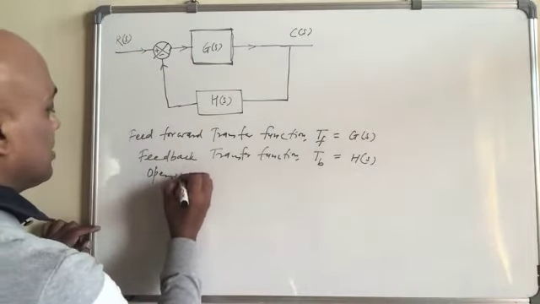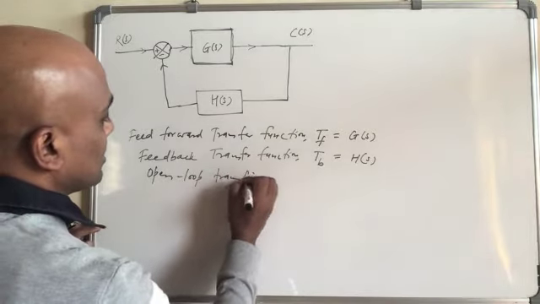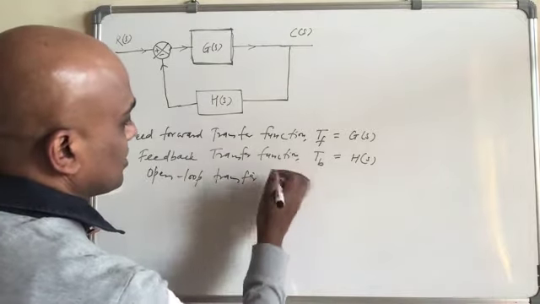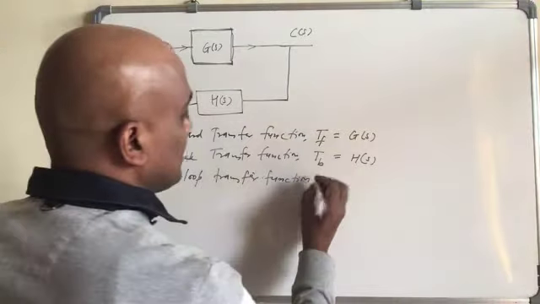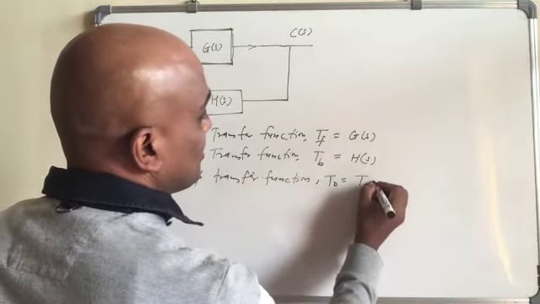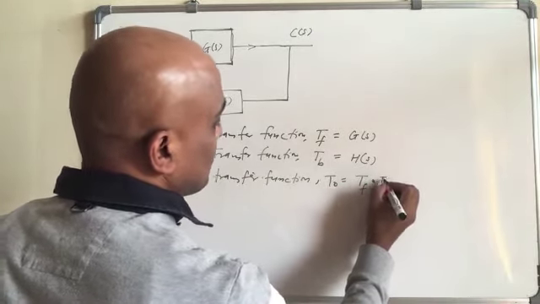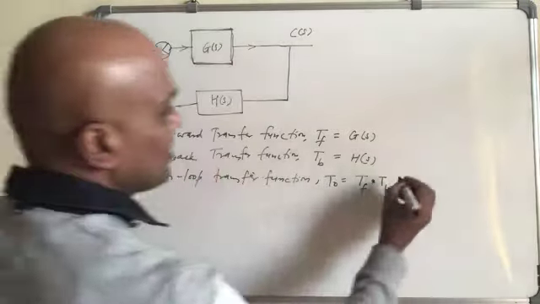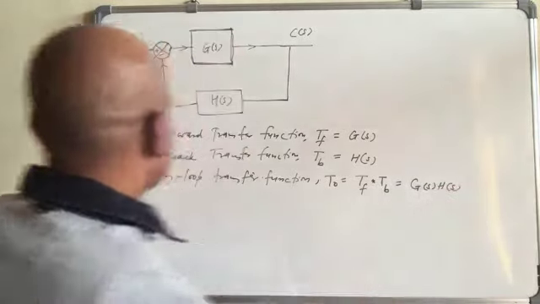The open loop transfer function, let's call it TO, will be simply TF multiplied by TB, equal to G(s) times H(s).